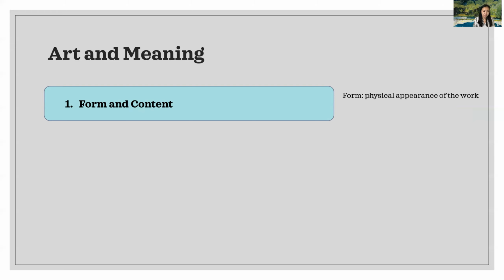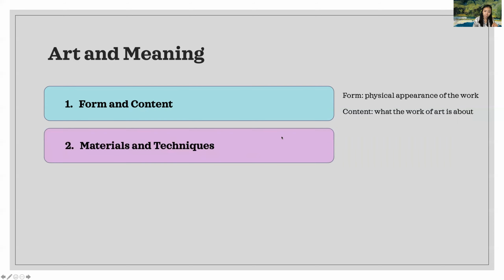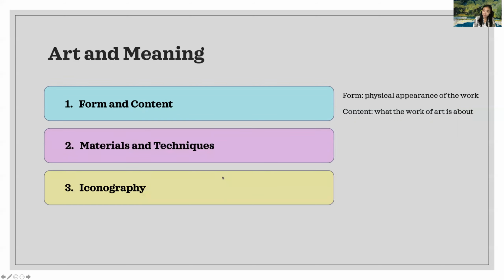And content is what the work of art is about. The next thing can be materials and techniques to see the meaning of art. The third one is iconography. Iconography means describing images.